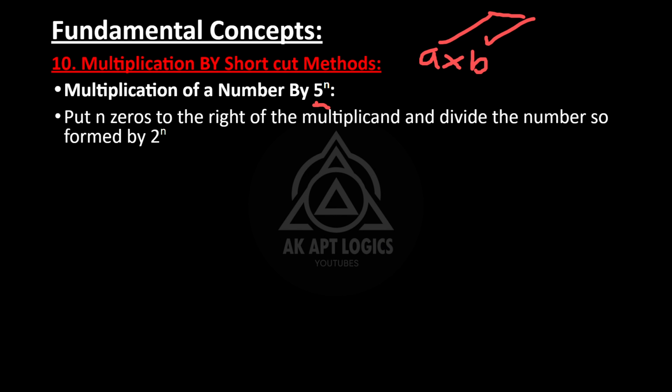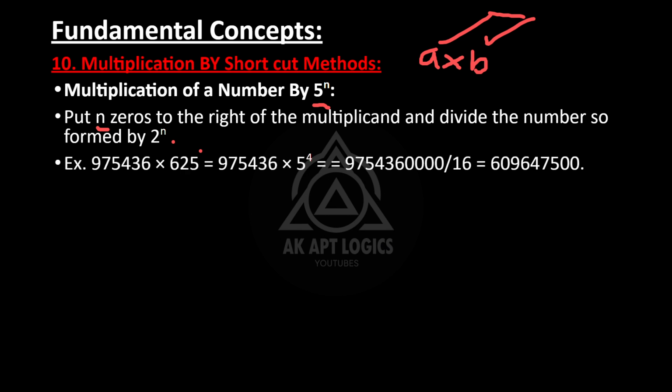When you are going to multiply with 5 power n, we have to append n zeros to the right of the other number, and divide the number formed by 2 power n. I am going to explain this with an example.